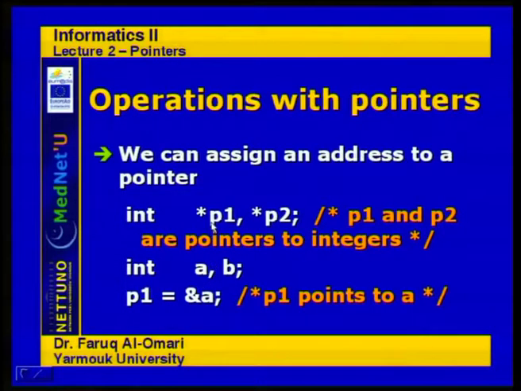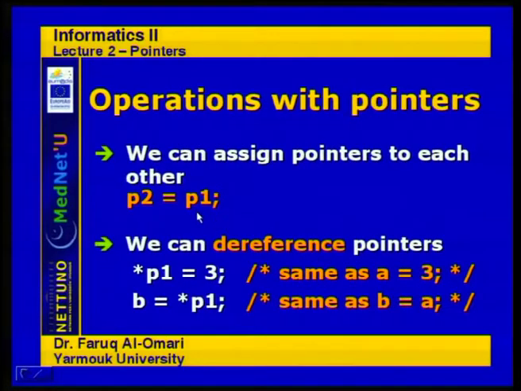So I cannot say P1 equals a. This is wrong, because this refers to an address, while this refers to the variable, to the content at that address. So to make the assignment, I will say, let P1 point to where a is stored in the memory.